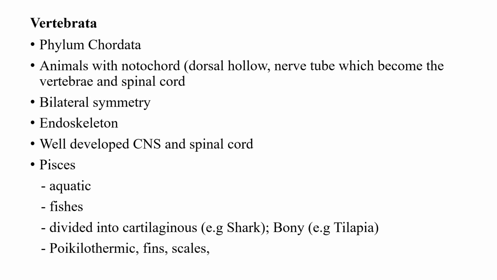Now, let's look at Vertebrata briefly. Vertebrata are also referred to as phylum Chordata. They are animals with notochord. Notochord is a dorsal hollow rod that becomes the vertebrae and the spinal cord. Generally, they are referred to as animals with a backbone. They are bilaterally symmetrical.